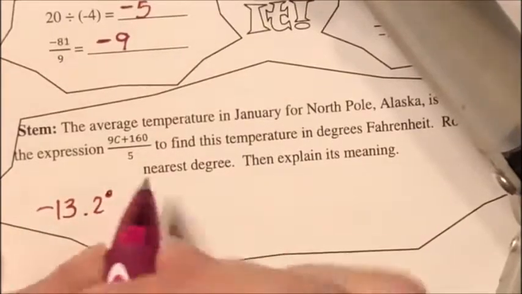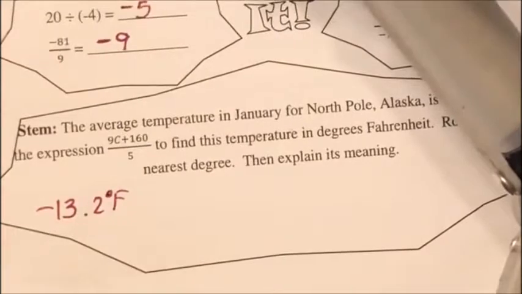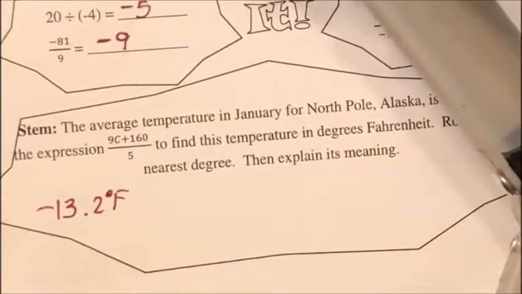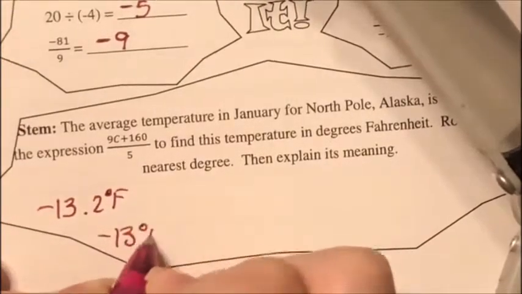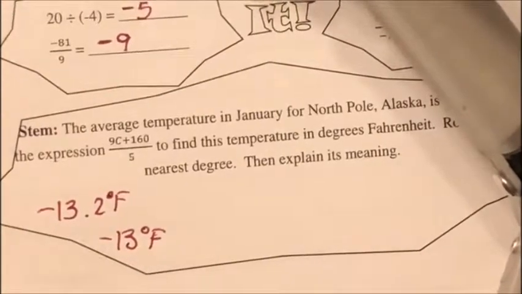And it's degrees Fahrenheit because that's what I changed it to according to the use of this expression. I want to round to the nearest degree, so that means negative 11 degrees Fahrenheit, rounded to the nearest degree. And then I want to explain the meaning.